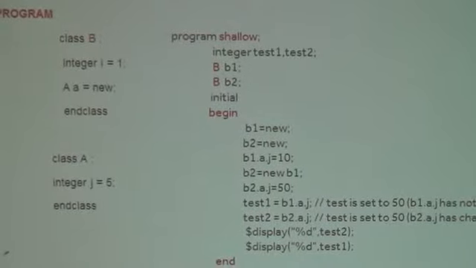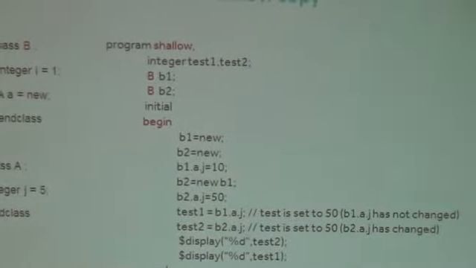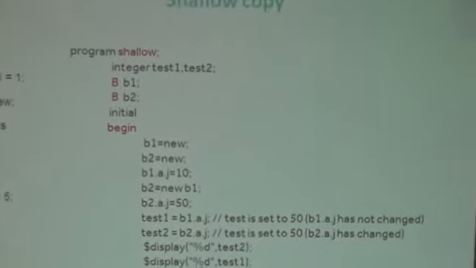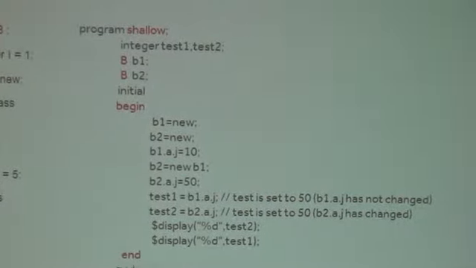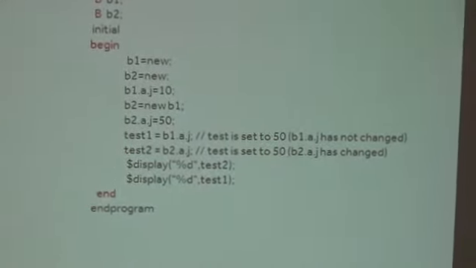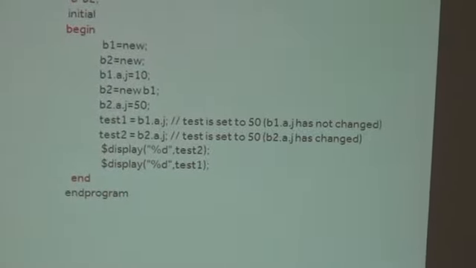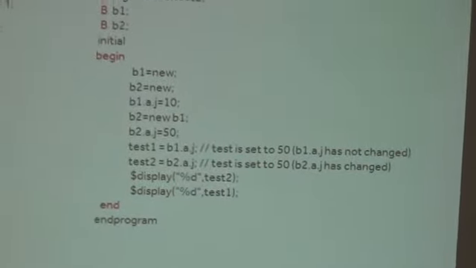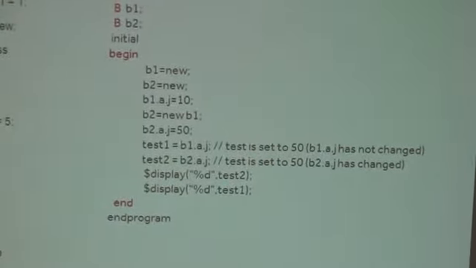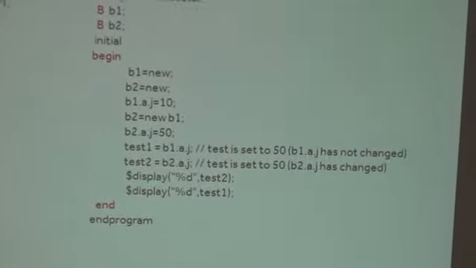This is the example program of shallow copy which we described before with the pictorial representation. I have created two classes in the program. I have named the program shallow. In the program block I have created two object handlers for class B, b1 and b2, and I have created an object for b1, and I was accessing b1.a.j equal to 10. Now I was changing the value of j to 10 using the object handler b1.